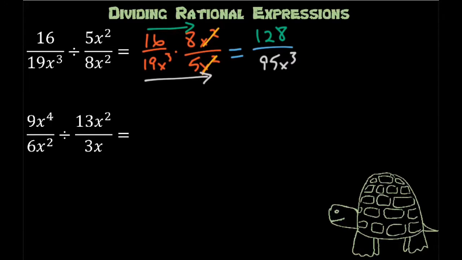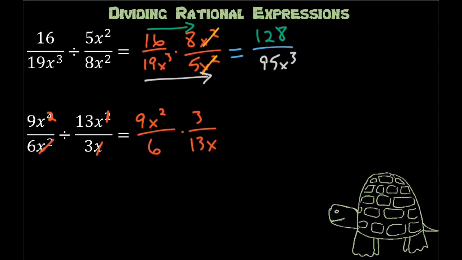And for our last one here, I am going to get rid of some of these terms right now. This x squared will cancel out with 2 of the x squareds on top, leaving an x squared. And here, this x is going to be gone, leaving just a single x on the top. And now I can rewrite my division as 9x squared over 6 times 3 over 13x.